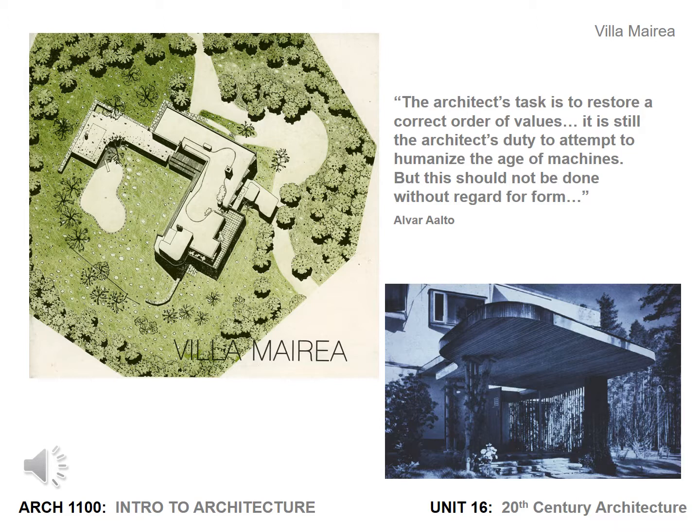But he also speaks to the idea of humanizing the age of machines, something that's a little bit more natural and regional than the cold, white compositions of true International Style architecture. And he's also expressing a desire in this quote to manipulate form, the way a painter or a collage artist might combine forms together to create an emotive quality.